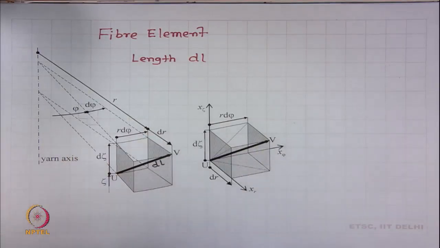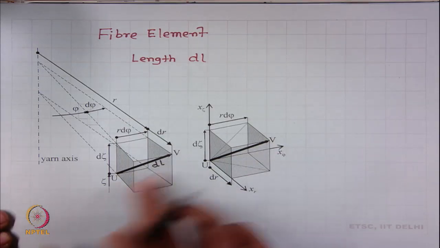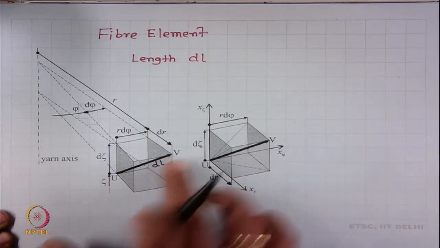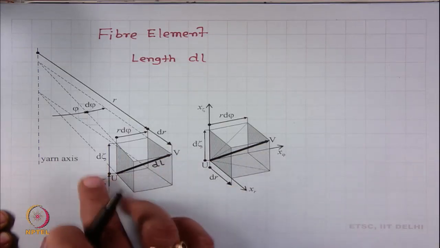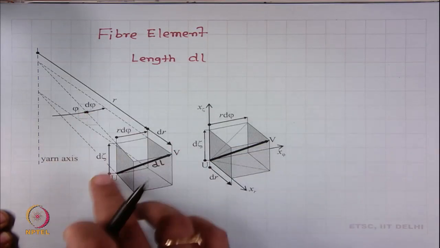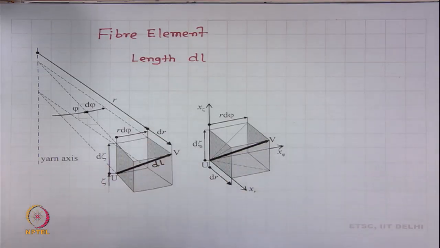The starting position of this fiber element is u and the end position is v. These three, d phi, d zeta and dr, are those differentials, and they denote the increments.